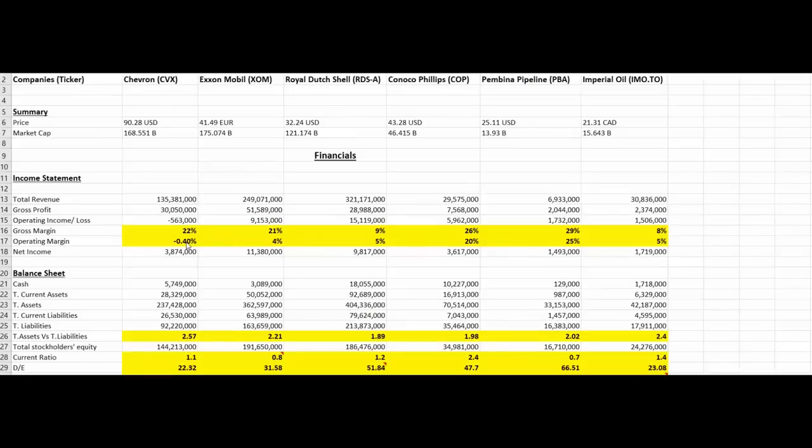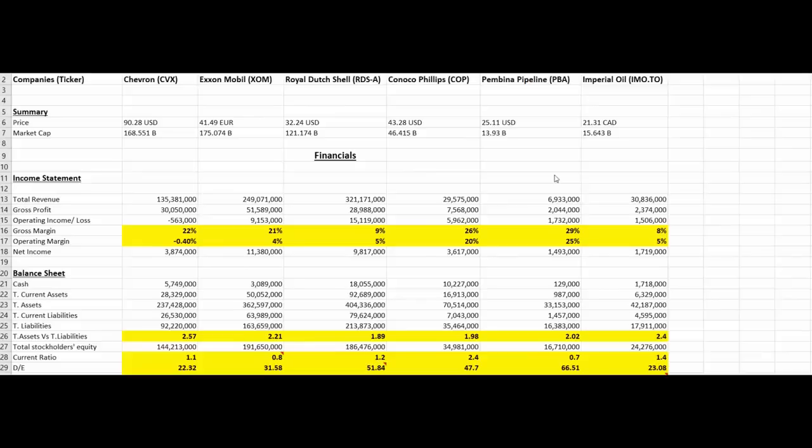Operating margin here for Chevron is minus 0.4%, which is really bad, to be honest. ExxonMobil is 4%, Royal Dutch is 5%, ConocoPhillips is 20%, Pembina Pipeline is 25%, and Imperial Oil is 5%. So ConocoPhillips and Pembina Pipeline are amazing, and this is one of the really good things about these two companies.